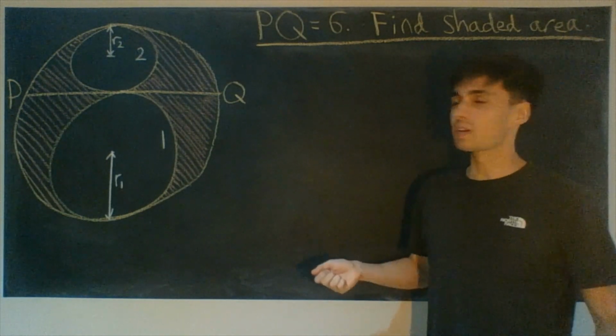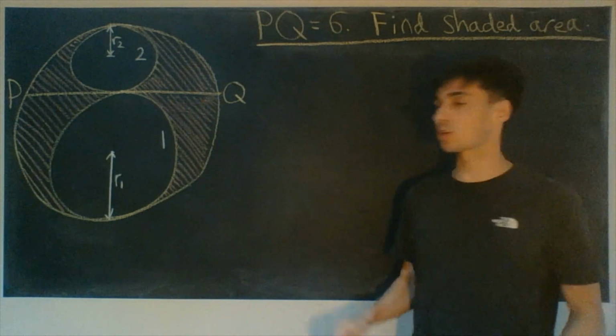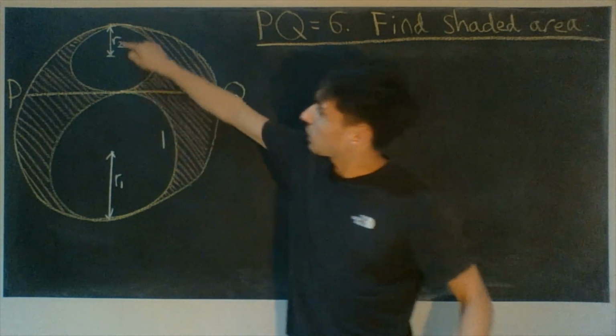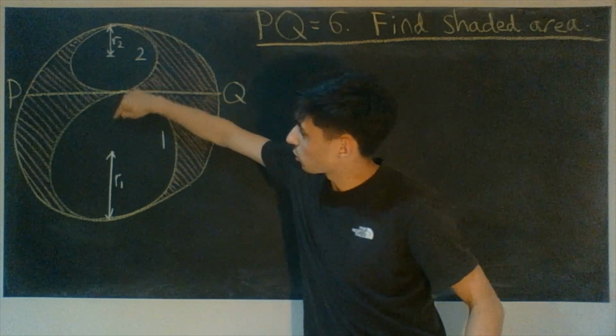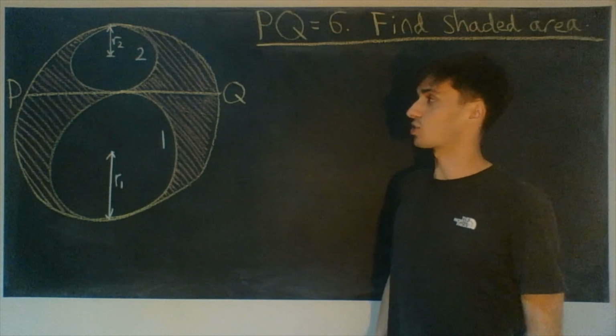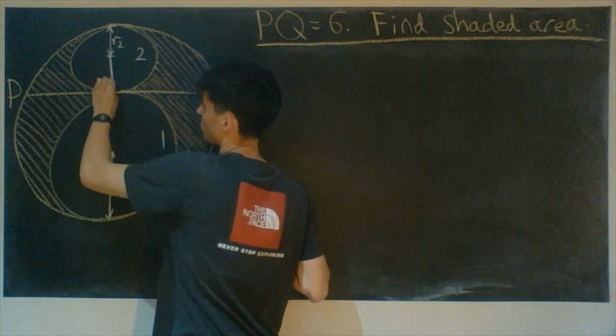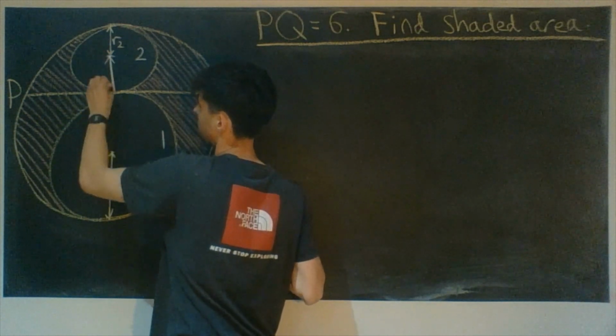Next thing to do is think, can we start putting this together into some maybe more useful information? And actually, we can be sure that these two circles lie on a diameter of the larger circle. So what we're going to do is add in the second radius for each one.